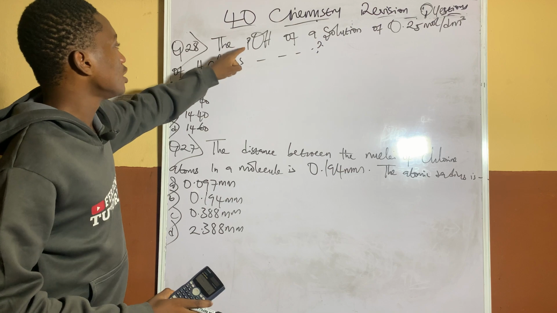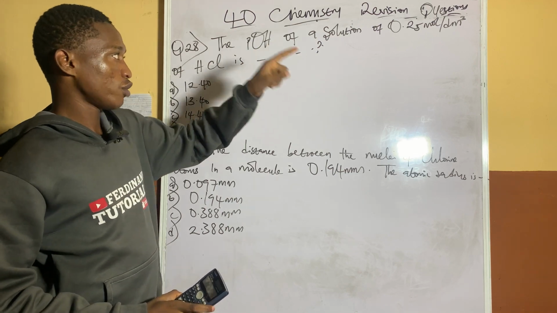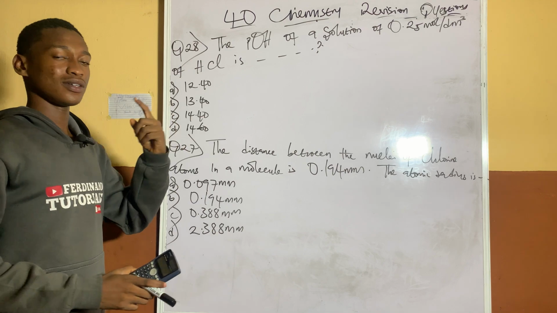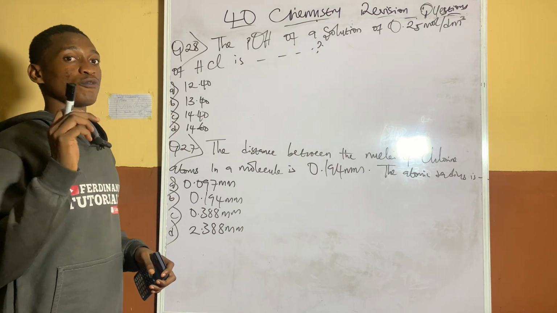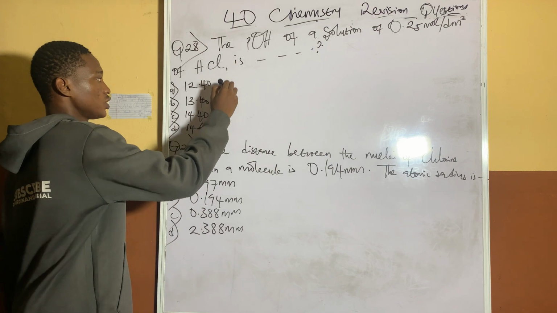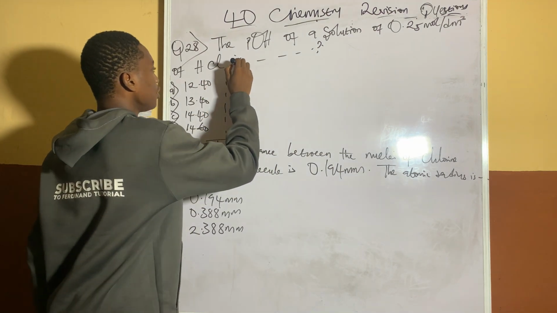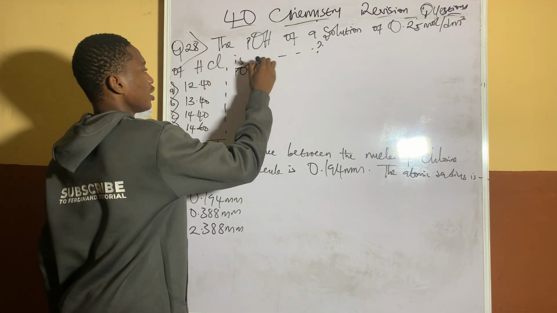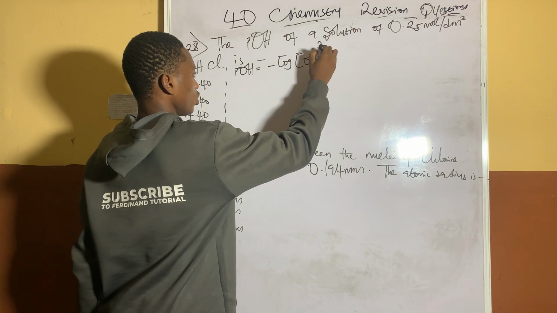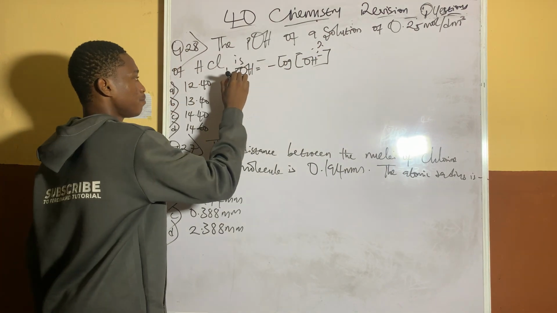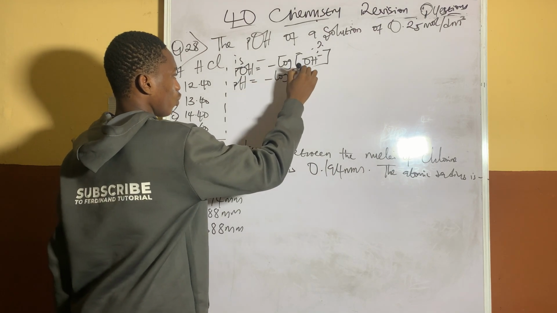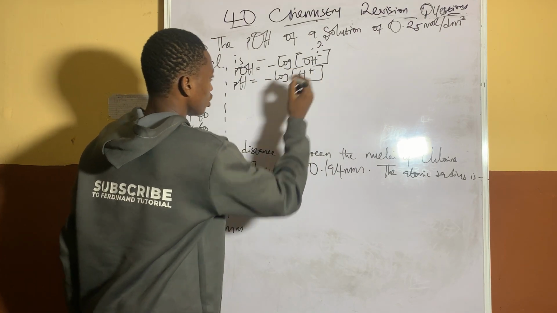It says, the pOH of a solution of 0.25 mole per dm cube of HCl is dash. They're asking us to solve for pOH. First of all, I want you to understand something. We say that pOH is equal to negative logarithm of hydroxide ion, and pH is equal to negative logarithm of hydrogen ion.